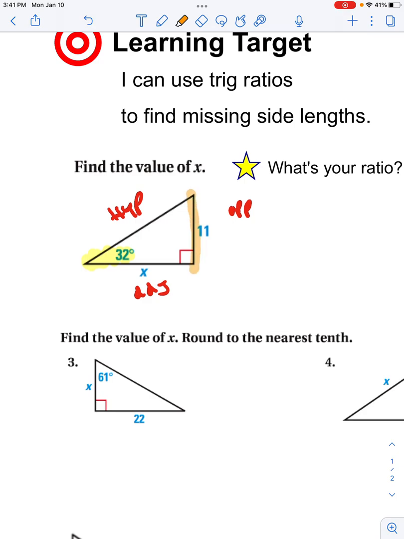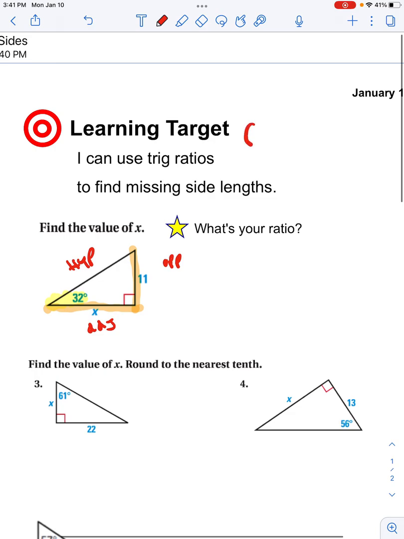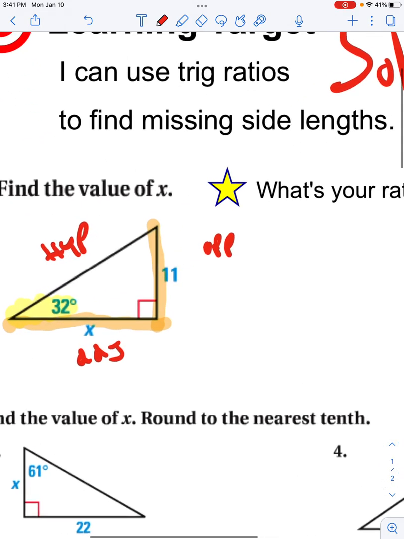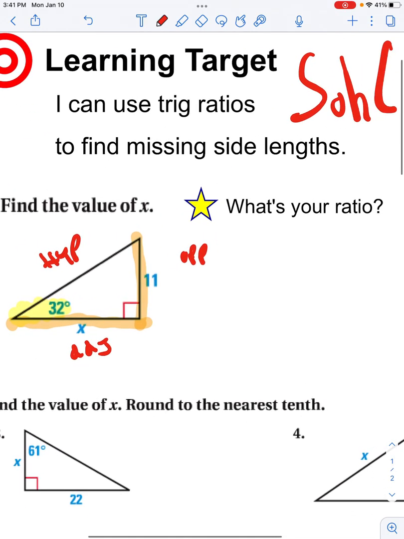The two sides being used are opposite and adjacent. I'd always recommend writing out SOHCAHTOA so that you can reference it. The ratio that uses opposite and adjacent is tangent.